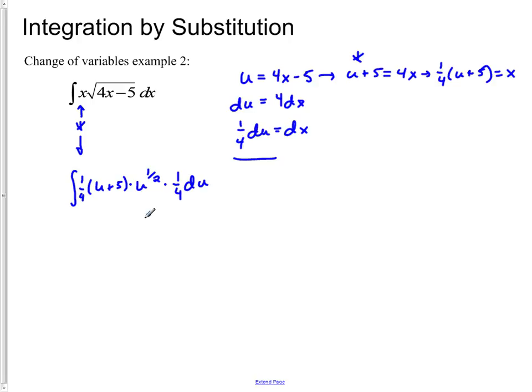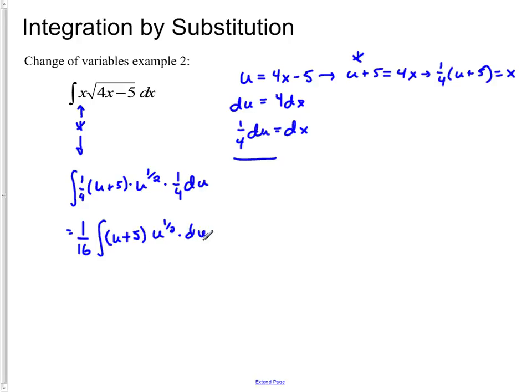Now, we can simplify this expression a little bit. For example, we've got 2 factors of 1/4, which are going to come out of this expression as 1/16. And we're going to have to take the integral of u plus 5 times u to the 1/2. And this looks like a job for algebraic distribution, right?